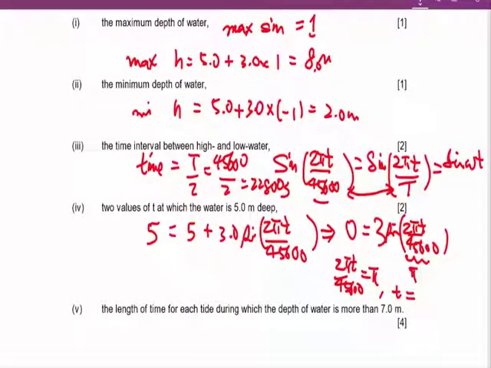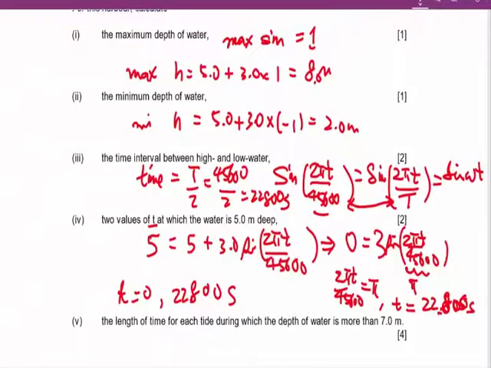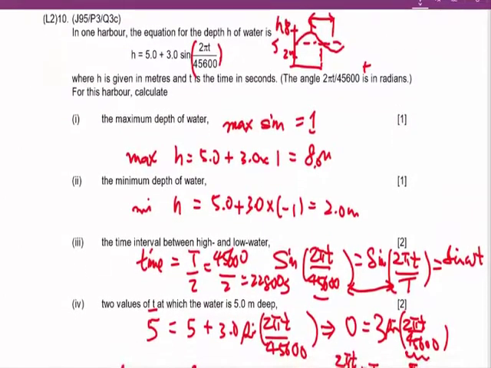From here you solve it, and you should get t equals 22800 seconds. Because the first time is t equals 0, the second time is 22800 seconds.